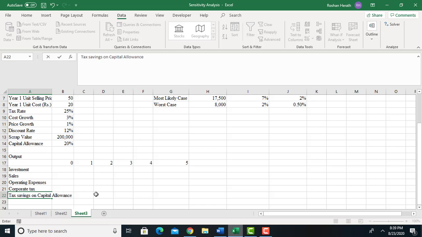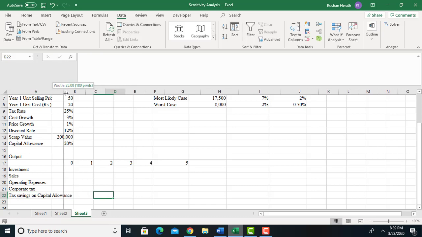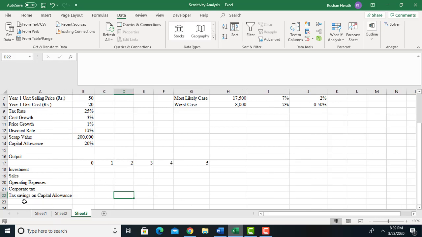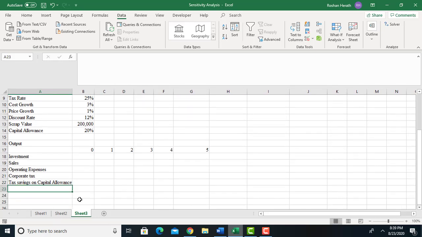So we have worked on things similar to this, so these are not quite new to you. We had worked out plenty of questions like this. Then also there can be tax on gain or loss from disposal of PPE.